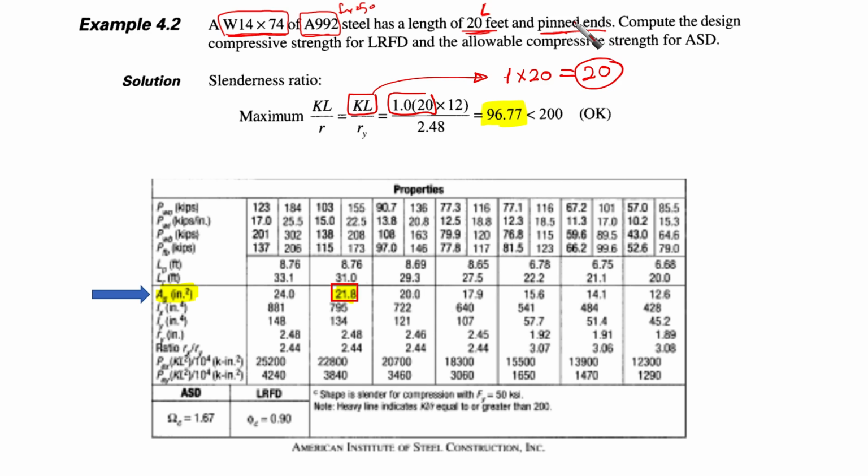Pinned ends means that we have K exactly equal to 1. So these are the information provided in the previous example.